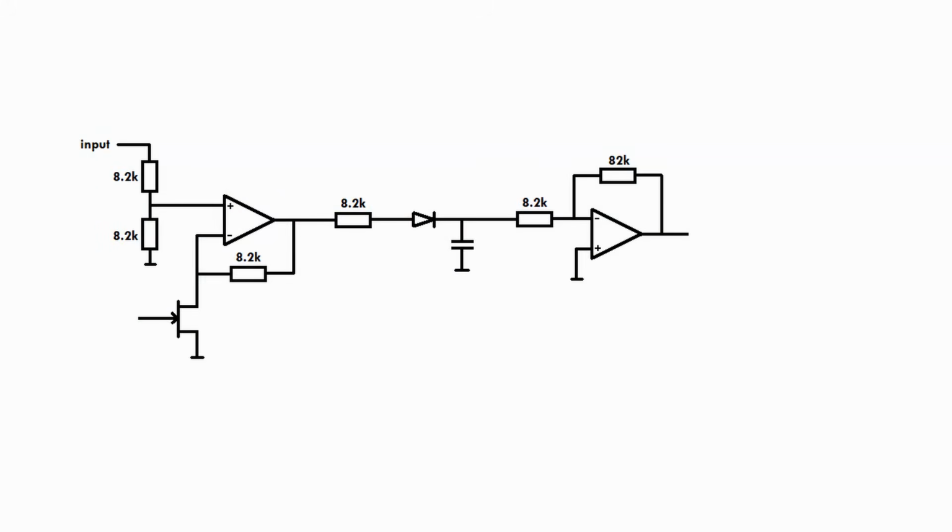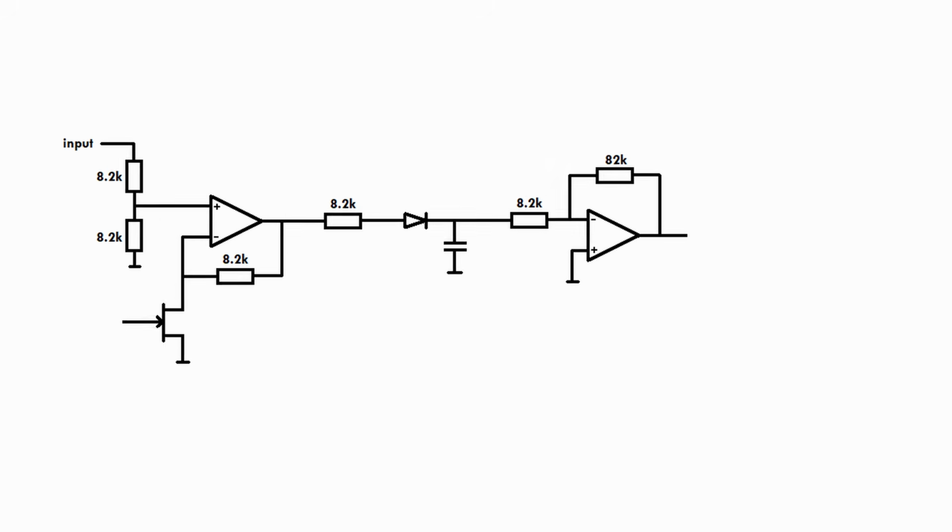But to do it right, we first need a few extra components, which I've chosen to do like this. And this is the part of the circuit that I'm not entirely sure is the most elegant or optimal way of doing things, but it works fairly well, so I'm just going to keep it that way. So what we have here is once again an op-amp circuit. This time it's an inverting amplifier.